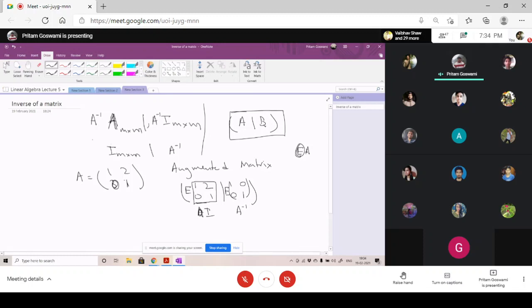Basically, we are using this technique. We are multiplying with A inverse on both sides. And how are we getting the inverse? We are using row operations to make this the identity. That means it must be the inverse, right?